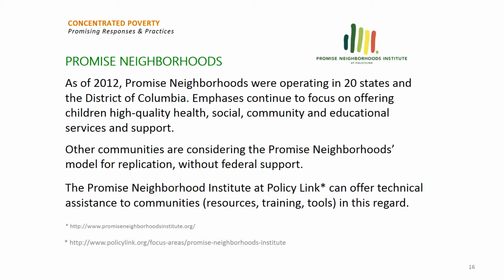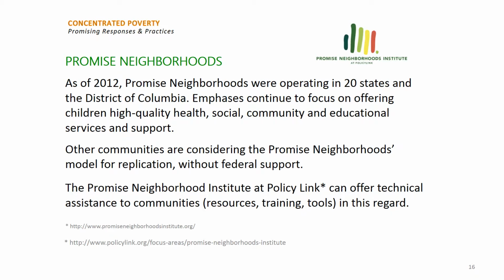Promise Neighborhoods results are commendable. As of 2012, the Promise Neighborhoods programs were operating in 20 states and the District of Columbia. Their emphases continued to focus on offering children high-quality health, social, community, and education services and support.